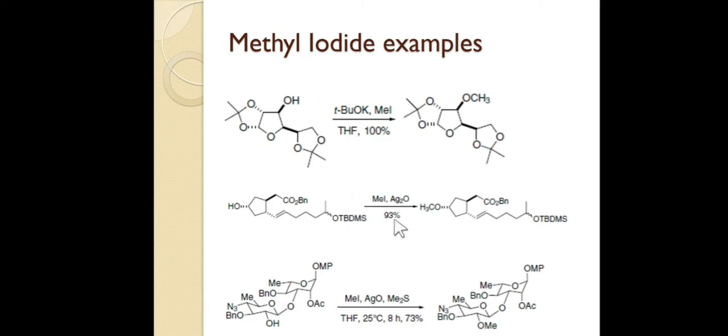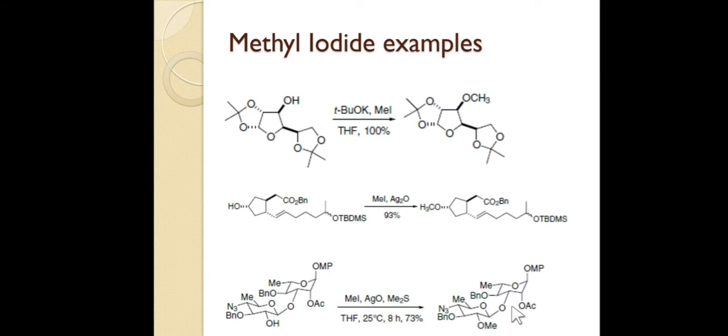So this is how silver salts activate methyl iodide. Methyl iodide with Ag2O or any silver salt will help polarize the methyl iodide bond. Here you can see a methylation using methyl iodide, where OH is methylated to OCH3. This is how we methylate the OH of alcohols.